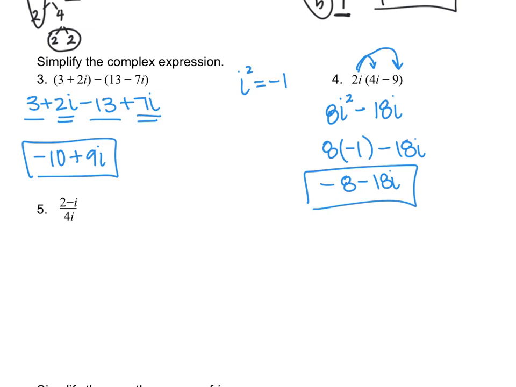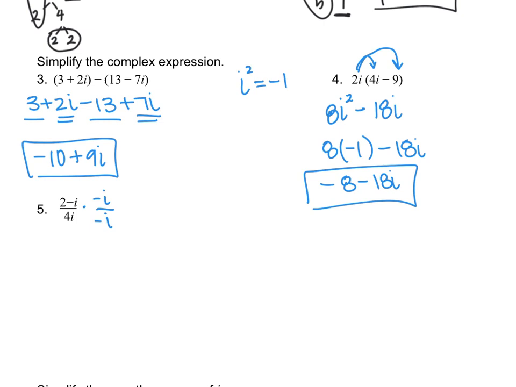Lastly, we're going to do 2 minus i divided by 4i. So remember, when you're dividing by a monomial containing i, you can multiply the numerator and the denominator by negative i instead of 4i in order to simplify.